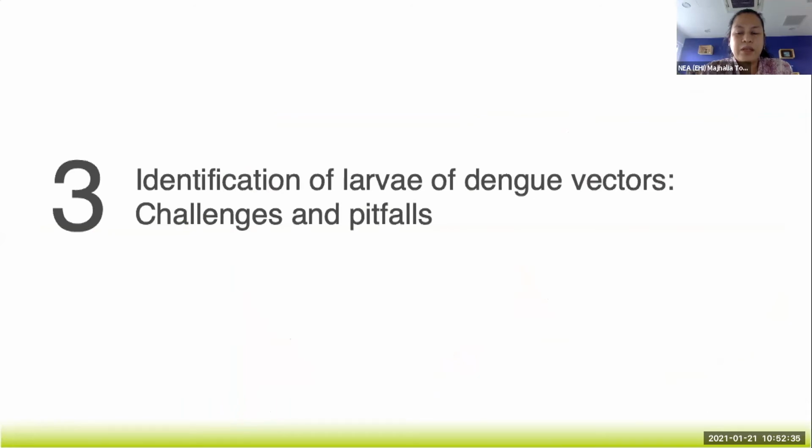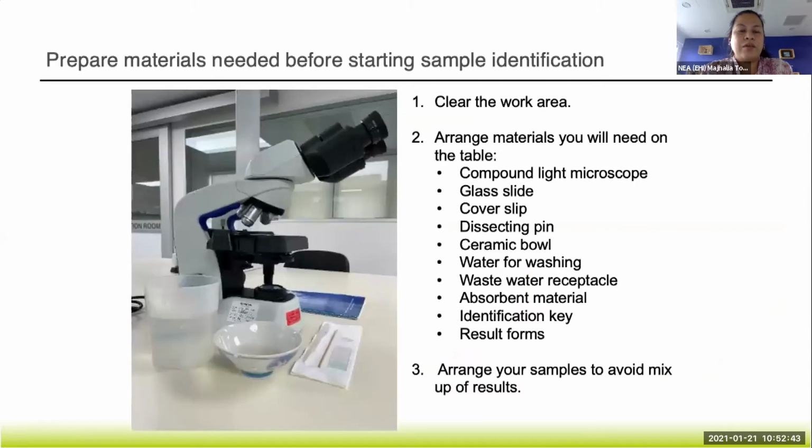So when we are dealing with dengue vectors, there will always be challenges and pitfalls, even for larvae. So when we do, oh no, we cannot make a mosquito wet when pinning. We can rehydrate using, what do you call this?